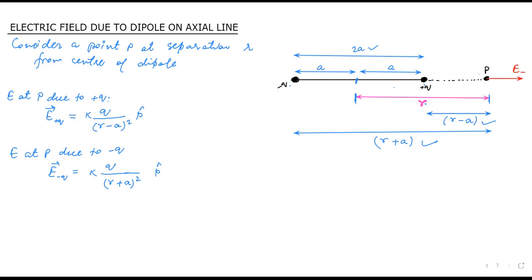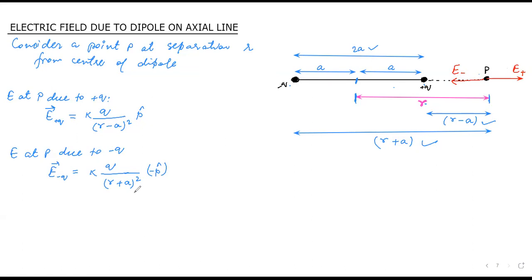So this is the direction of the electric field due to the positive charge. Similarly, this is the direction due to the negative charge. The unit vector P due to the positive charge is positive, and due to the negative charge it lies in the minus x direction, so we consider minus P. Are you clear or not?